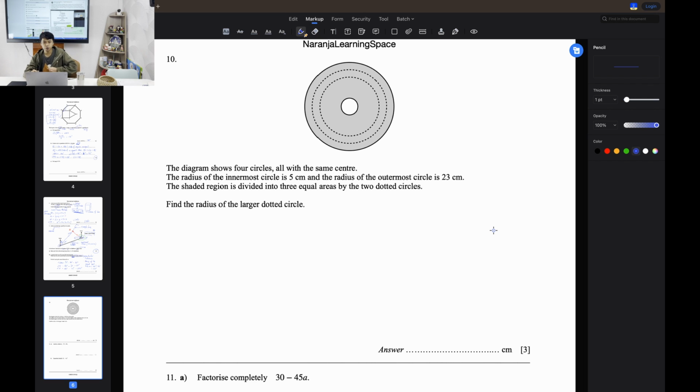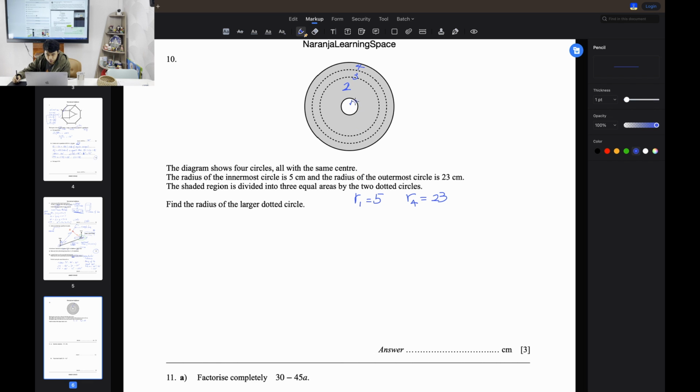The diagram shows 4 circles all with the same center. Okay, so this is 1, this is 2, this is 3, this is 4. Okay, 4 circles. The radius of the innermost circle is 5, and the radius of the outermost circle is 23. Which means R1 equals 5, R4 equals 23.